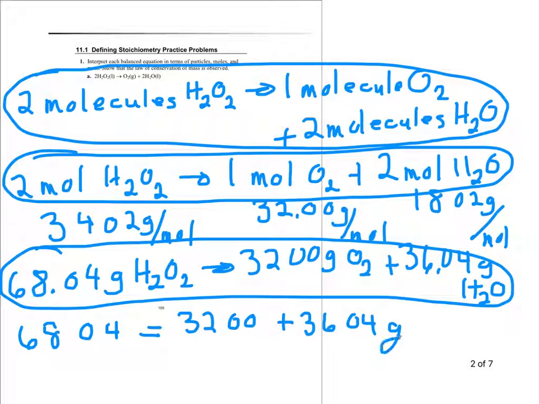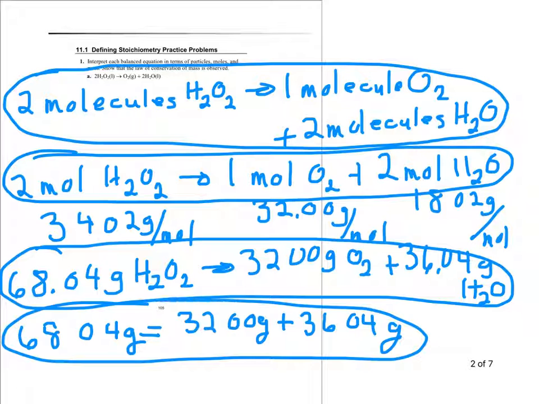I should have put grams on each of those. Demonstrates law of conservation of mass is obeyed. As you're doing these, try the problems, then use the video to help you figure out anything you might have missed or are unclear about, or just to check them.